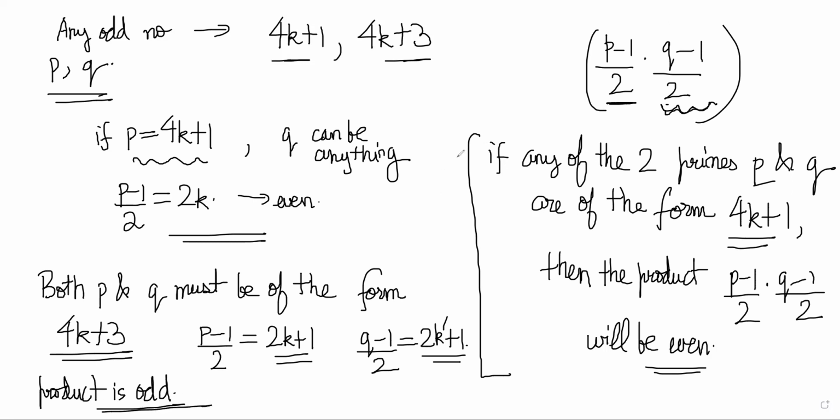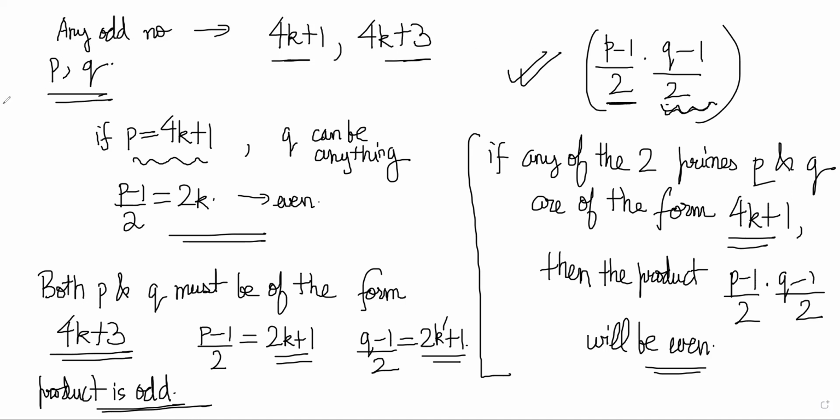So what is the conclusion on analyzing the exponents here? On the RHS, there is an exponent of (P minus 1) by 2 and (Q minus 1) by 2. If any of the two primes P and Q is of the form 4k plus 1, then automatically the exponent is even, right? And only if both the primes are of the form 4k plus 3 will the exponent be odd, right?